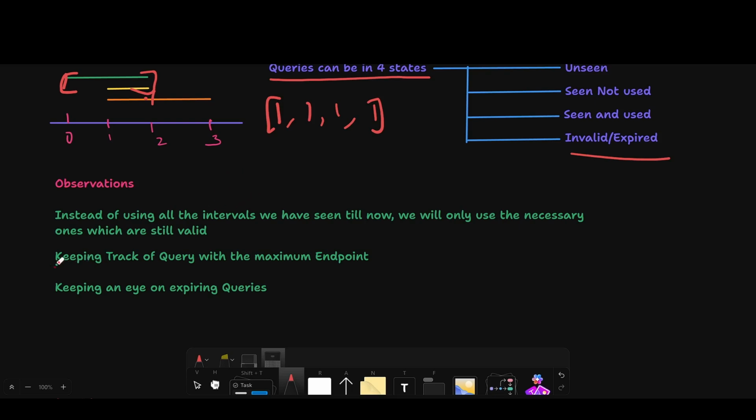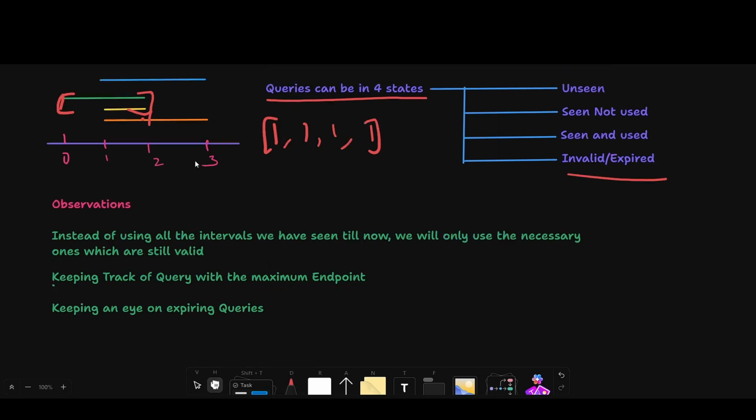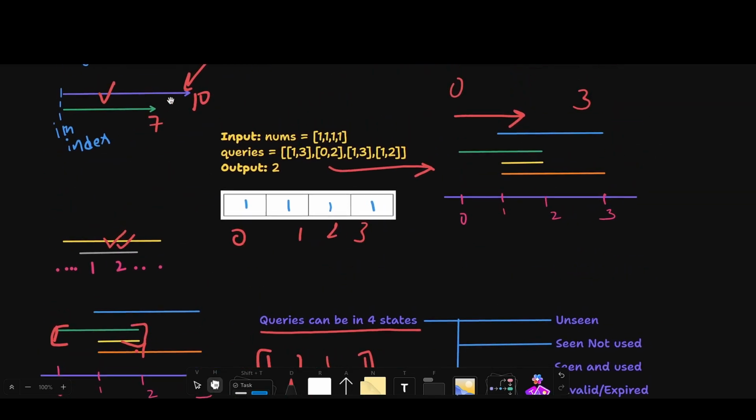We also have to keep track of queries with the maximum endpoint. For using this insight, we have to keep the ending index as a parameter, so that we can check that for these two queries, this one is better.